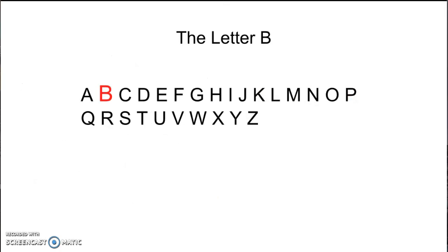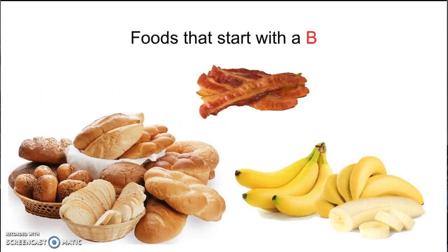Now, a better way to do that would be to introduce the letter B as part of the alphabet. And here we've highlighted the letter B. And then the next slide is a way to not have to assimilate a bunch of words and a bunch of graphics together.